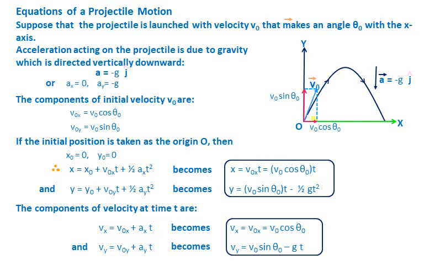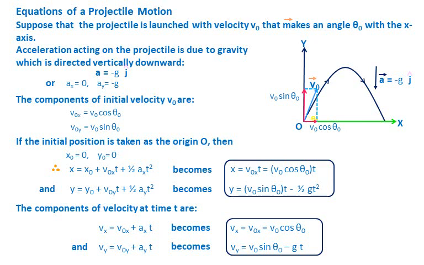If the initial position is taken as the origin, then x0 and y0 are 0, and by putting it in the second equation of motion s equals ut plus half at square, you get the values of x and y as v0 cos theta naught into t and v0 sin theta naught t minus half g t square, because in the vertical case we have to consider the acceleration due to gravity.